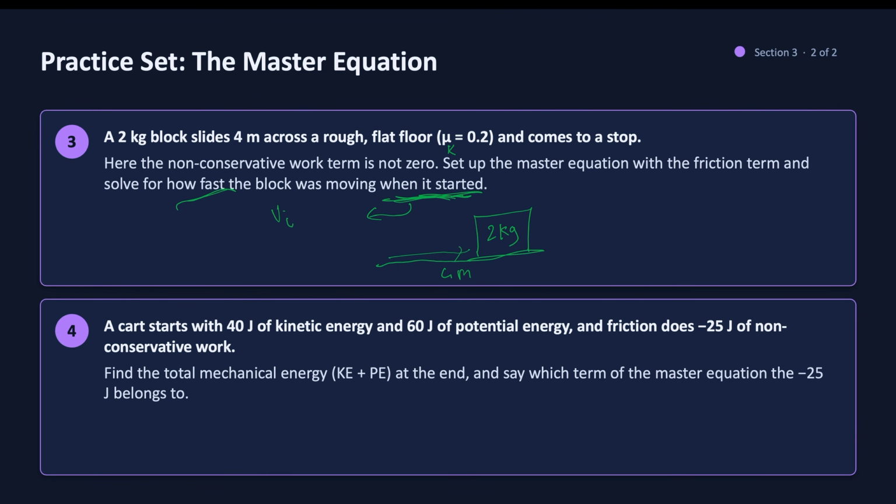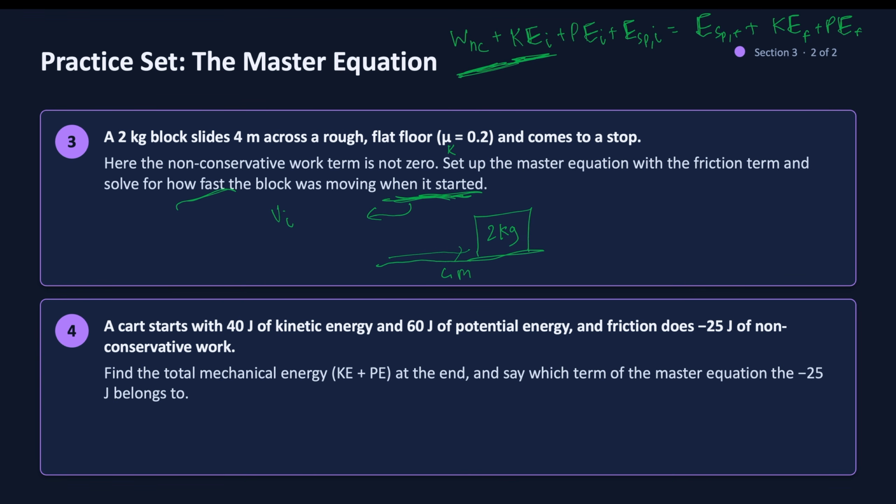So if I write out my equation: work non-conservative plus kinetic energy initial plus potential energy initial plus energy spring initial equals energy spring final plus kinetic energy final plus potential energy final. Which of these terms can cancel out to make 0? We do have an initial kinetic energy, because we're sliding across. We can't do that without a velocity. Work non-conservative, we have that as well.